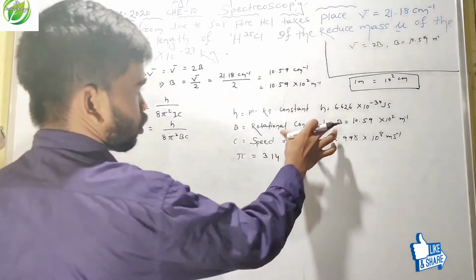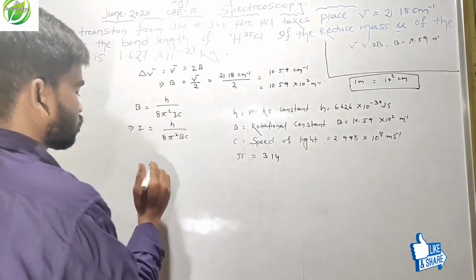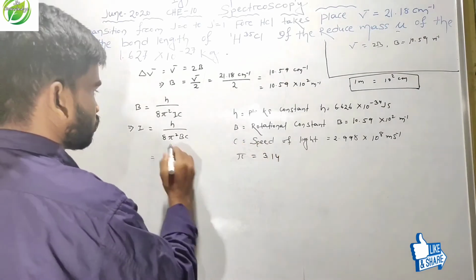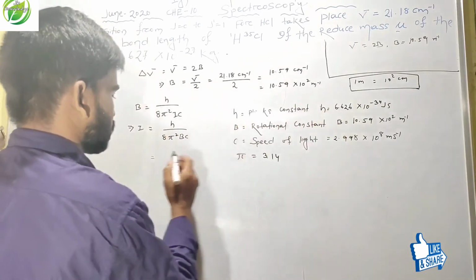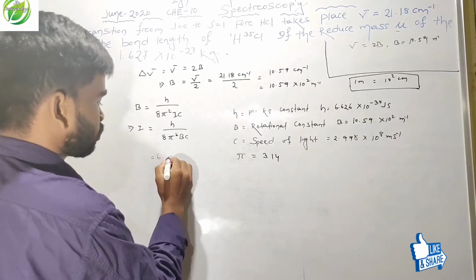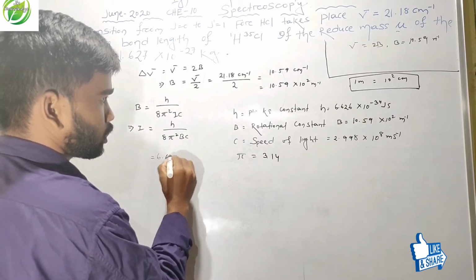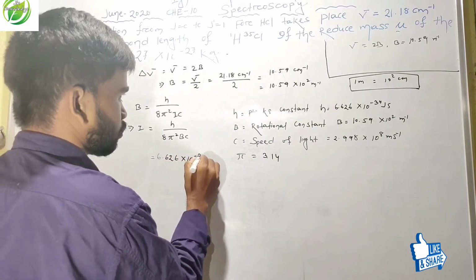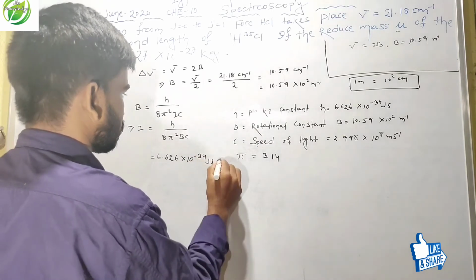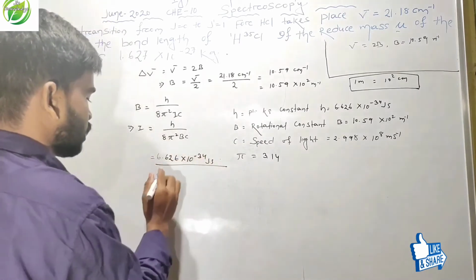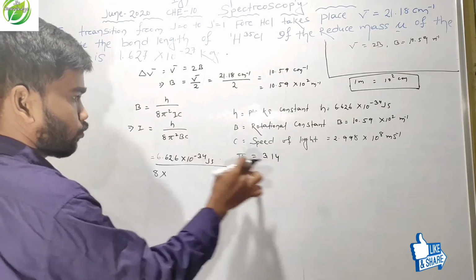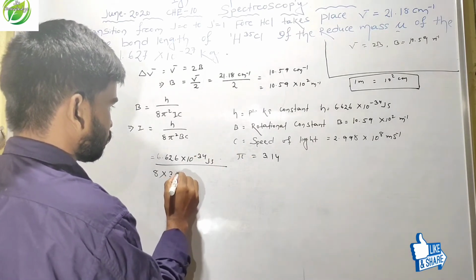Friends, we put all these values in this equation. For h we put 6.626 × 10⁻³⁴ J s, and for pi we put 3.14.